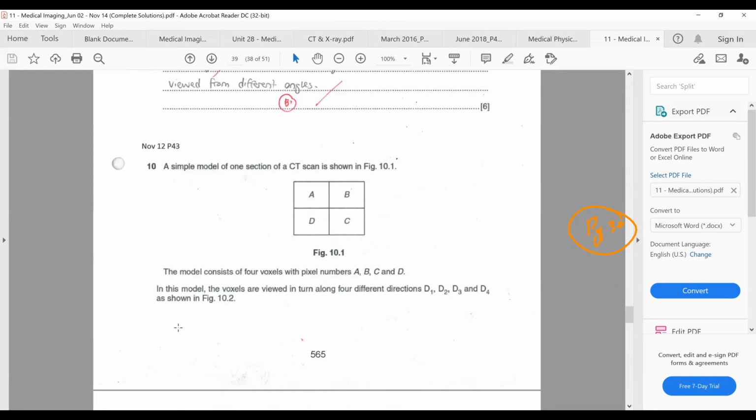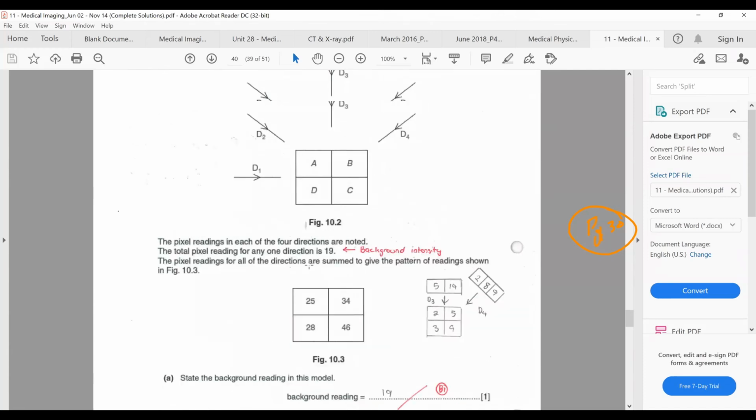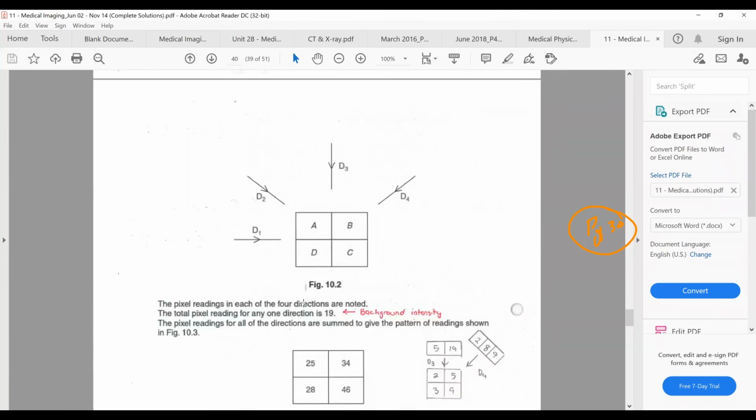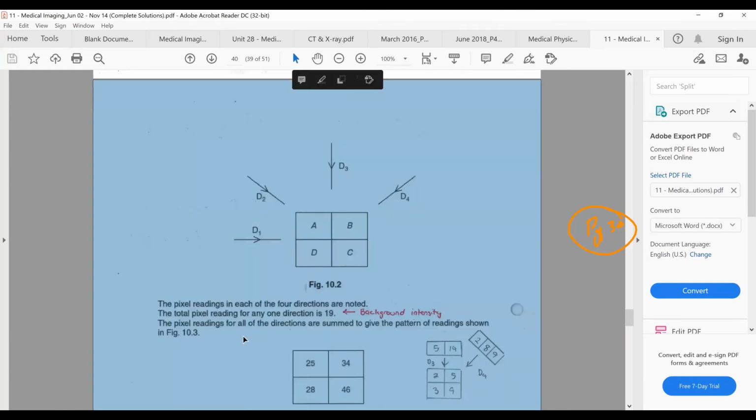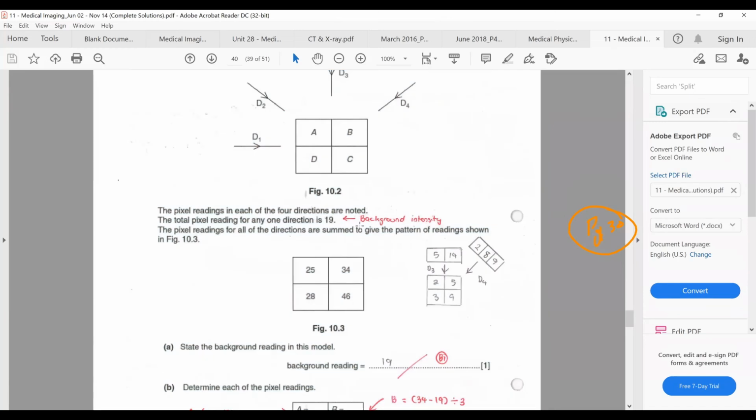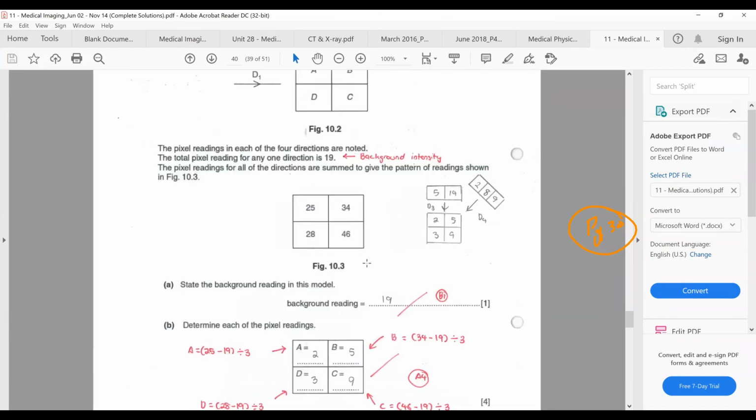The model consists of 4 voxels of pixel numbers A, B, C, D. The voxels are viewed in turn along 4 different directions, D1, D2, D3, D4 as shown. The pixel readings for all the directions are summed to give you a pattern of reading shown.